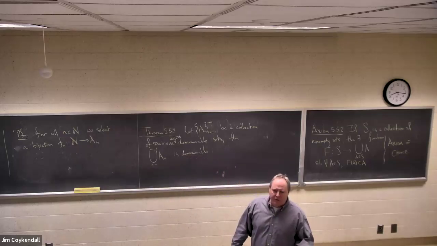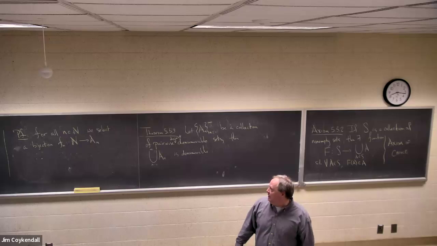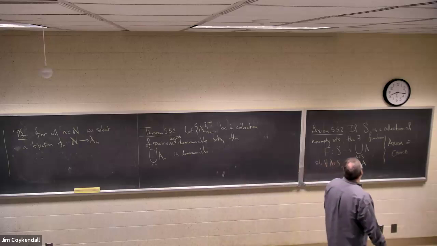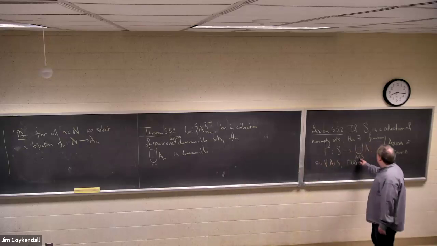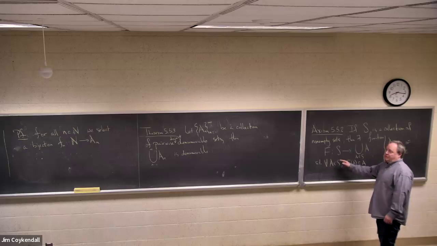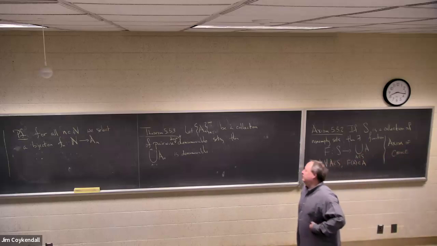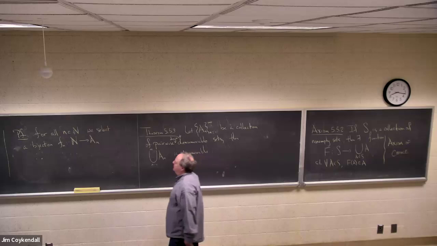Actually, for those of you that are fans of logic, we don't even need the full axiom of choice here. We need what's called countable choice, because the number of sets we have here is in fact denumerable. So we don't even need a more general axiom of choice. It's a countable choice. That doesn't matter.